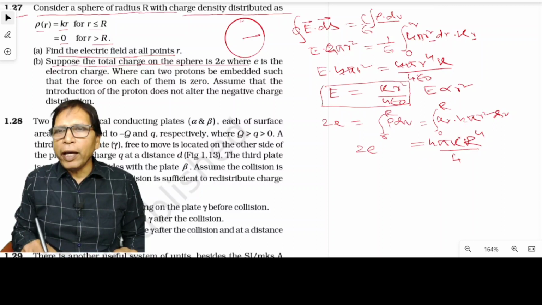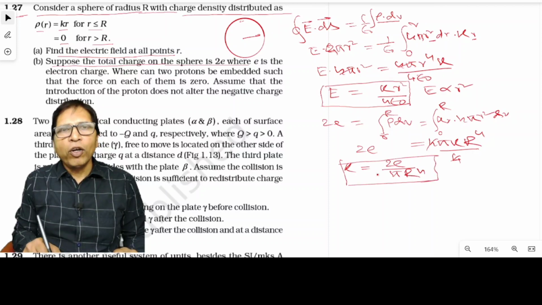Now 4 and 4 cancel out, so k becomes 2e by pi R to the power 4. This is the magnitude of k.